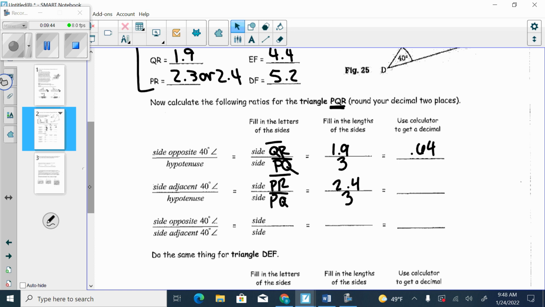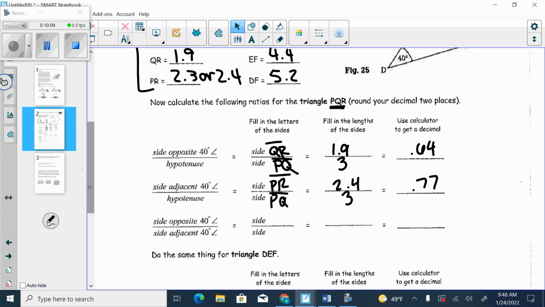So what do we get when we divide those numbers? 0.76, 0.77, I'm hearing, so somewhere along those lines. It also depends on if you're using the exact degree or if you went up or down. So we'll say it's somewhere along those lines.